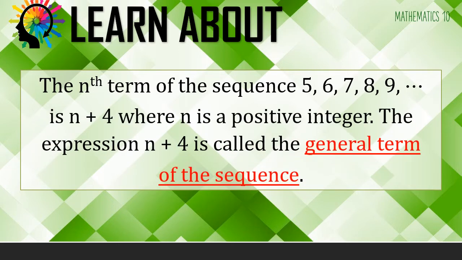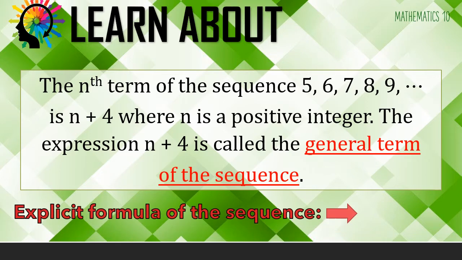Since we have the sequence 5, 6, 7, 8, 9, our nth term or general term for the sequence is n plus 4. Again, the general term of the sequence is n plus 4. In other books, we use the words explicit formula of the sequence. So again, the explicit formula of the sequence is n plus 4.